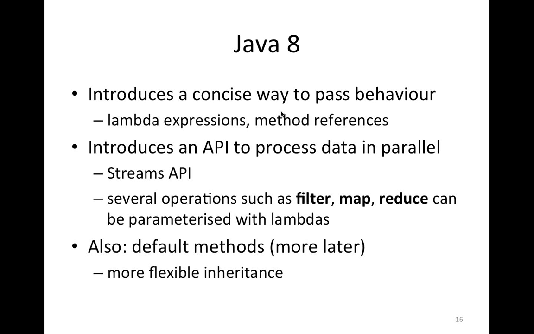We'll first look at these. The next one is a way to process data in parallel, and this feature is a new library called the Streams API, which provides many operations such as filter, map, reduce, which you may have heard of from other functional programming languages. Then we'll discuss these. Another feature which we'll discuss is default methods, which allow you to have more flexible inheritance in Java.